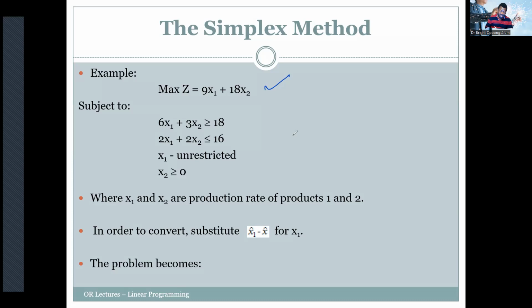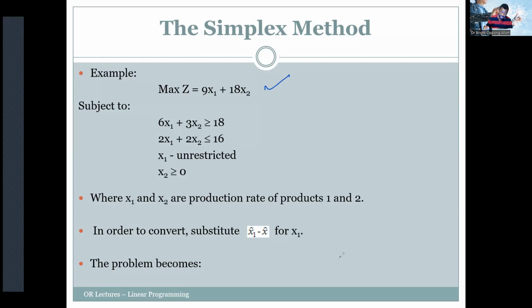So what we do here is that x1 and x2 may be the production rates of products 1 and 2, right? In order to convert, we have to substitute x1 with x1 cap minus S cap.